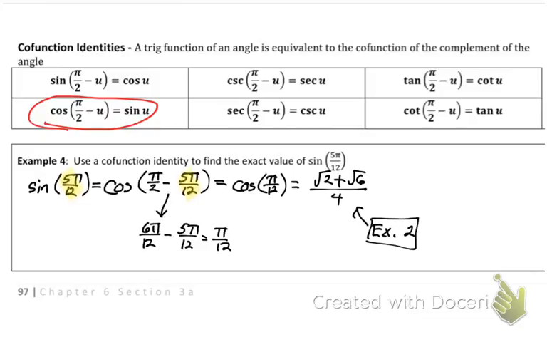Because I'm one of those people that would put this answer, and then I would study it like a week later and be like, how did I know that? So just put down the guy from example 2. All right, that's cofunctions.